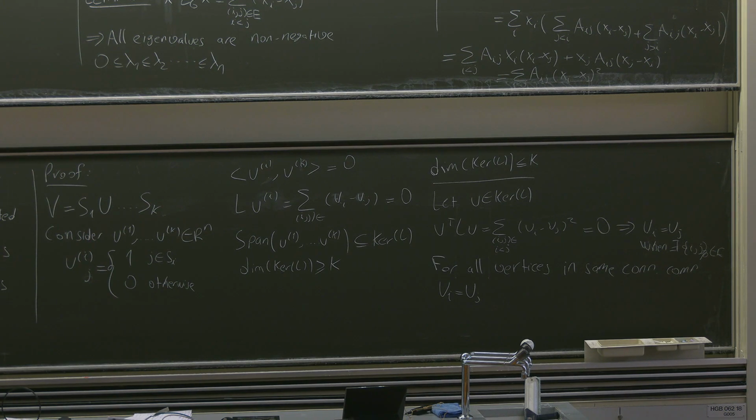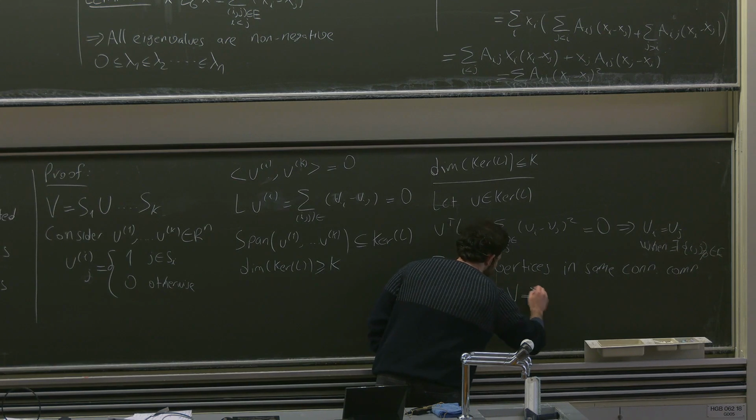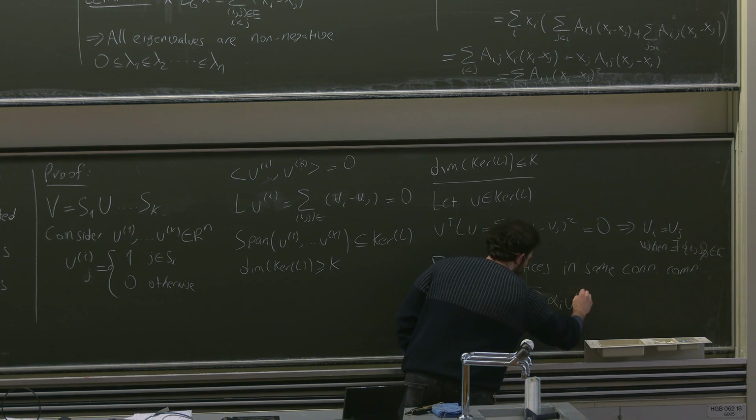So what we can do is, let's say in a particular connected component I, this u vector takes the value alpha I. Then we can write this vector u as the sum over I of alpha I ui.